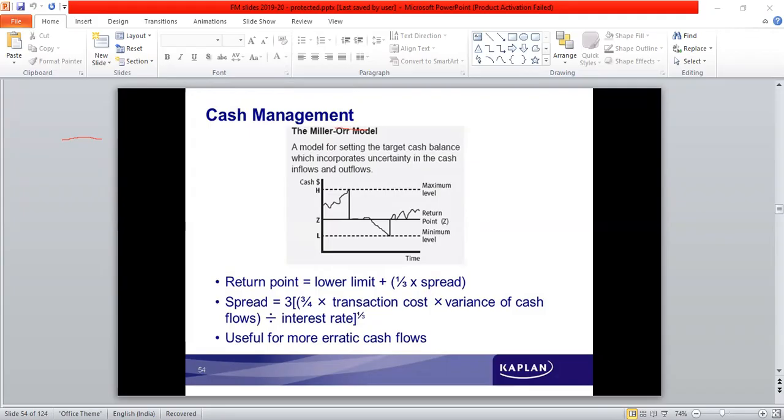So spread is equal to 3 into the cube root of, that is to the power of 1 by 3, in bracket we have 3/4 into the transaction cost into the variance of cash flows divided by the interest rate per day. Okay. So then we calculate what is the spread. So the question is asking us to find out what is spread between the upper and the lower limits that should be set for the current account using Miller ORR cash management model.